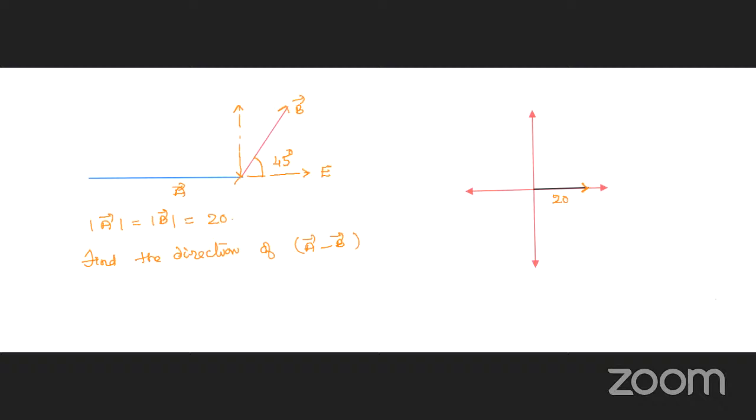He is asking A bar minus B bar, so we have to take the negative vector of B bar. Negative vector is quite opposite. Look here, I am drawing quite opposite to B bar.